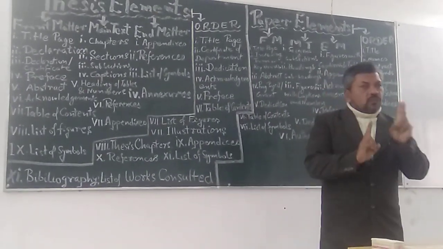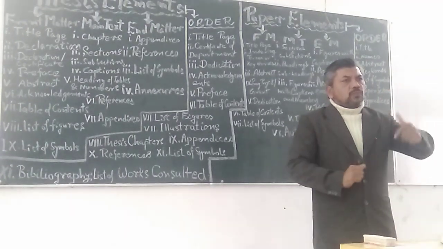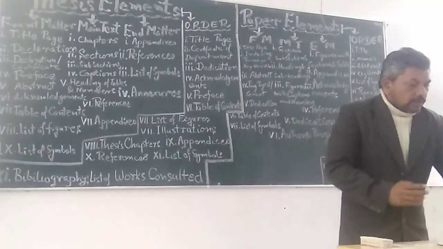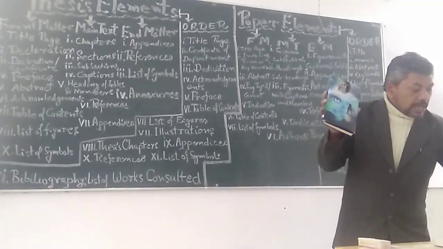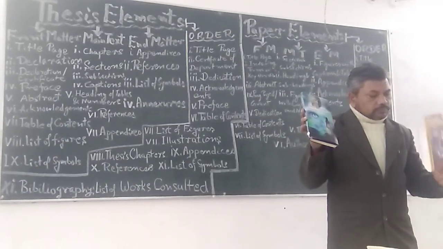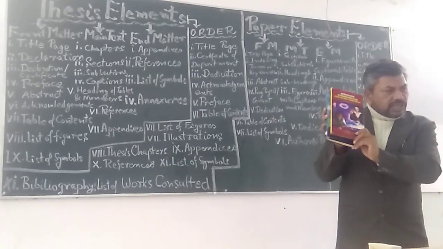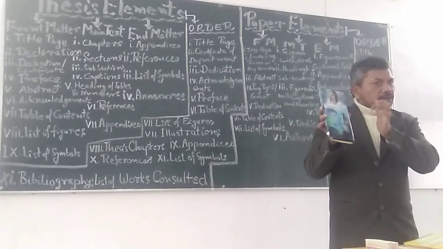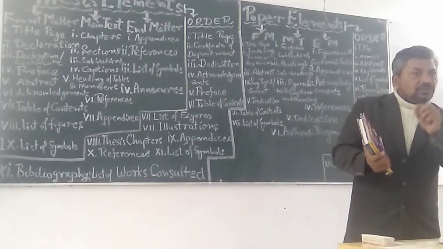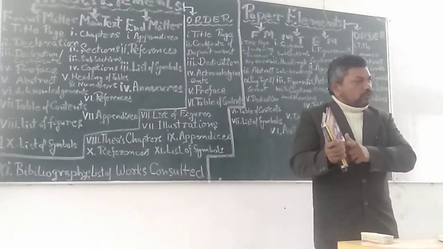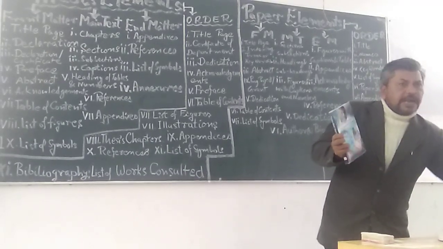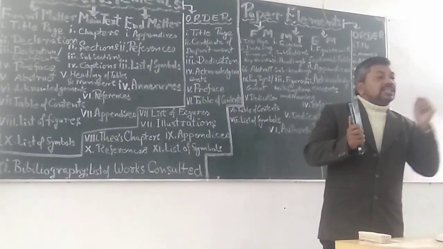There are two things: list of works cited, that is references, and list of works consulted. How are they different? If I am compiling this thesis and taking a few lines from a work directly, I am referring to this book in this particular work. So if I am using two or three lines, I must mention which chapter, which page, which line I have borrowed, and that will be the list of references, meaning direct citation.